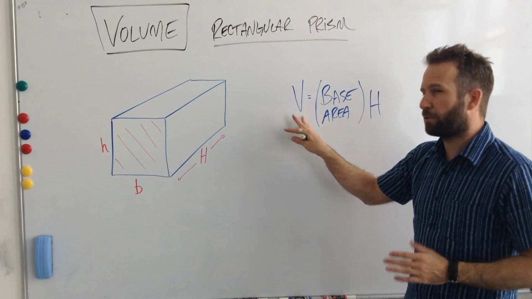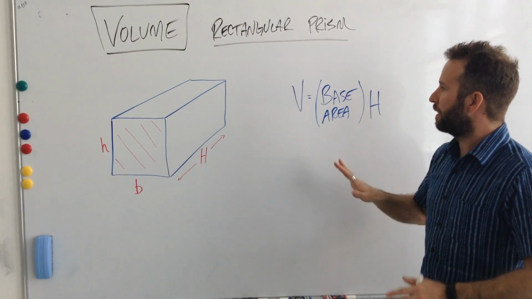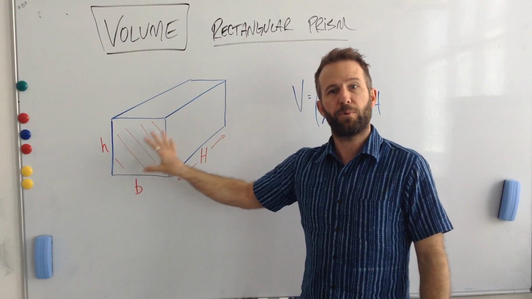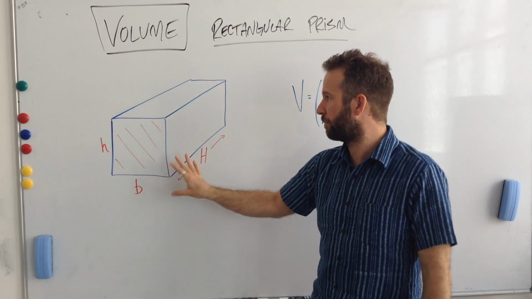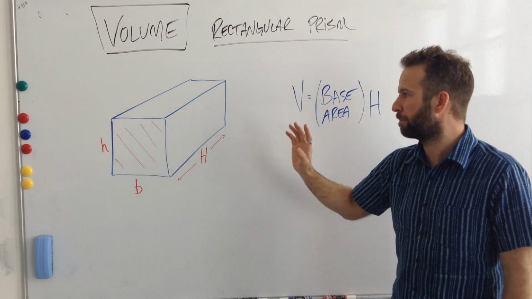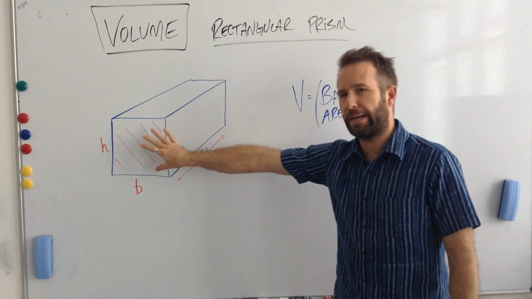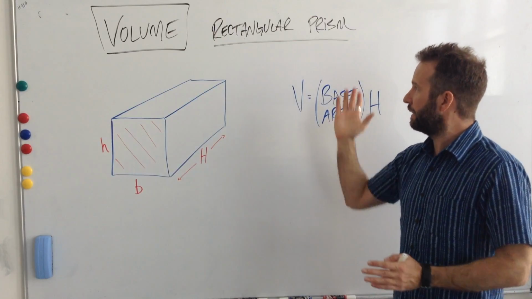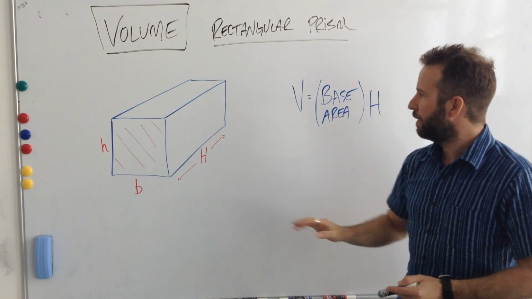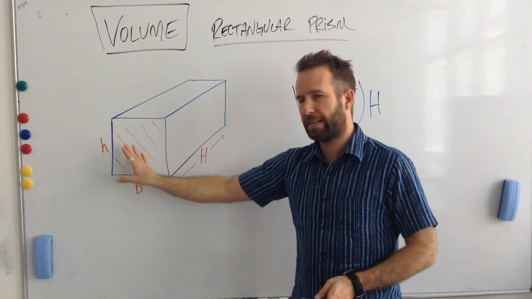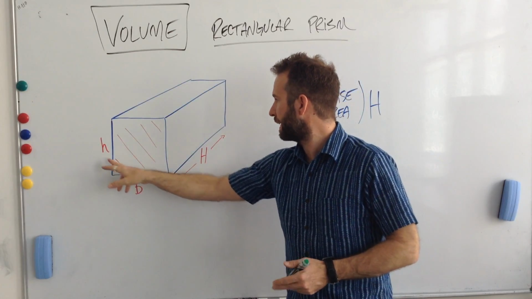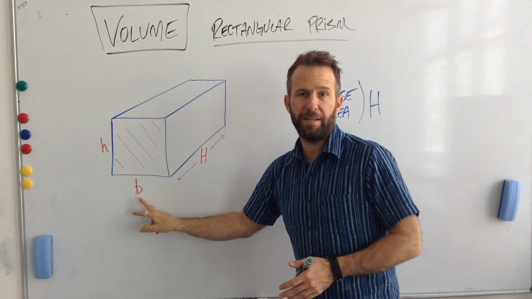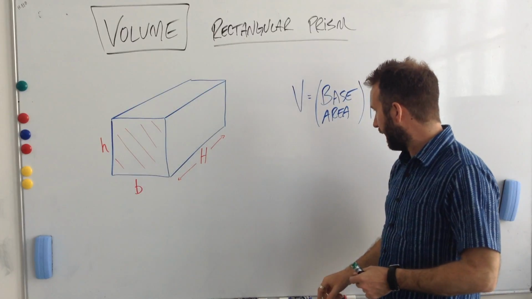The volume, or V, is equal to the base area. So whatever type of prism we're dealing with, this happens to be a rectangular prism, it's the base area multiplied by big H. In this case, with a rectangular prism, we have a base area of a rectangle, which we know is base multiplied by height.